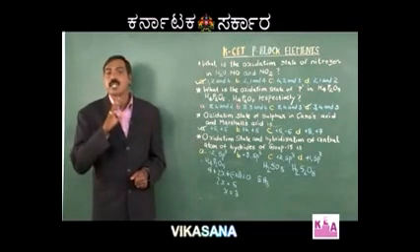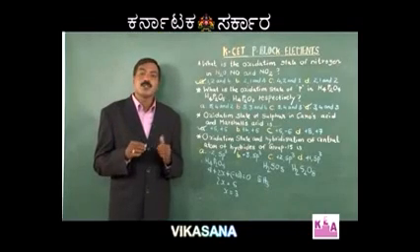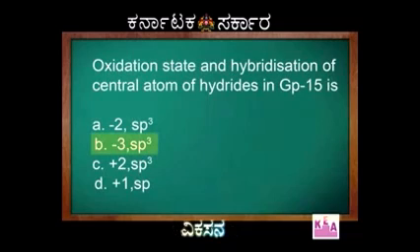I'd like to spend some more time in helping you how I got that hybridization. In the next question as I move on, I'll be explaining to you the concept of hybridization and how to get it by a gunshot methodology. The correct answer for this question is option B, -3. Hybridized state of this is sp3. I'll be explaining this concept in the next question.